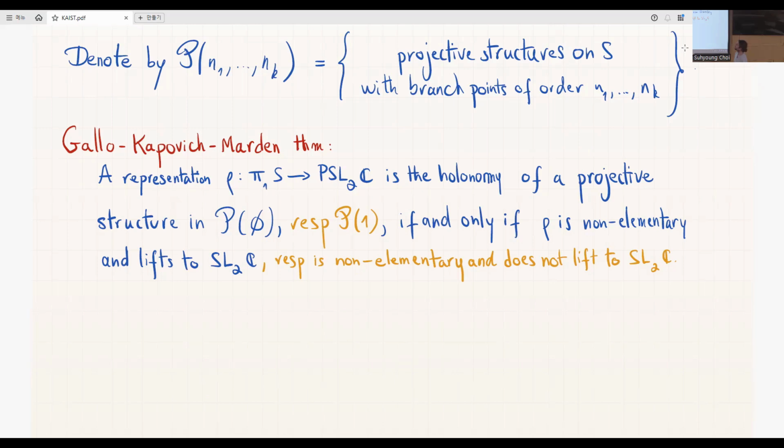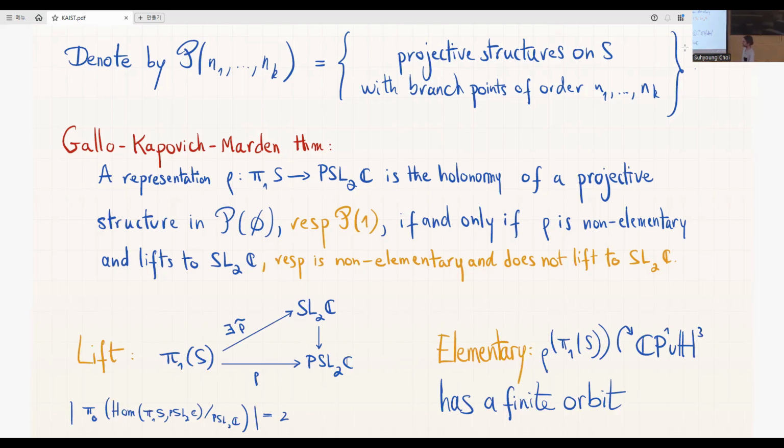So a representation rho is the holonomy of a projective structure if and only if it is non-elementary and it lifts to SL2. And it's the holonomy of a projective structure with a branch point of order 1 if and only if it's non-elementary and does not lift to SL2. I'm just going to define these terms now, non-elementary and lift.